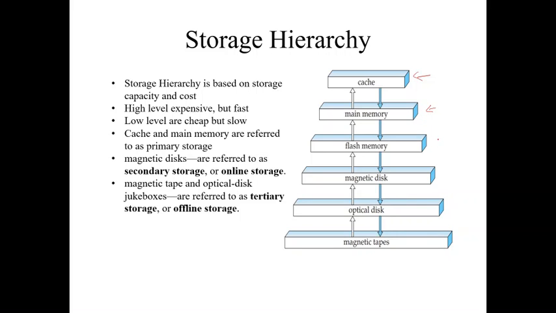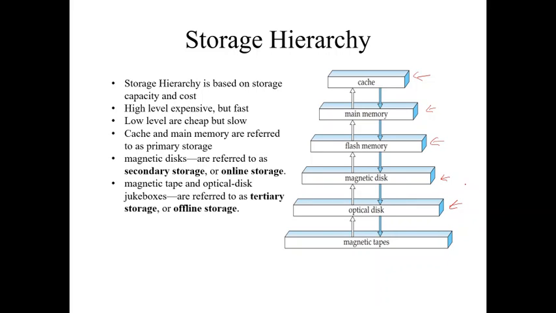Then comes the flash memory. Flash memory comes after the main memory because we don't really use it too much in real systems. Then comes the magnetic disk, in which we store our data permanently. After that we use optical devices.